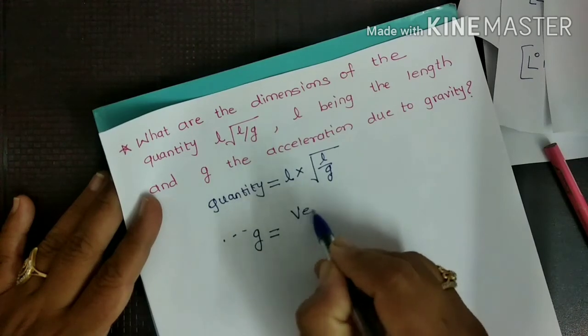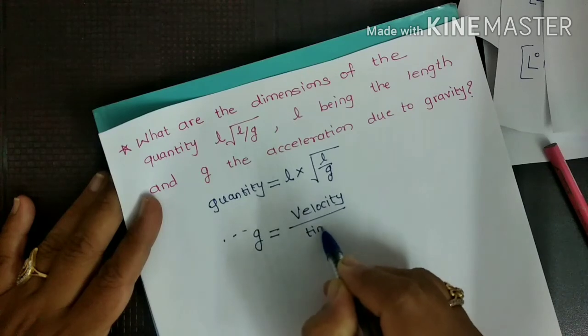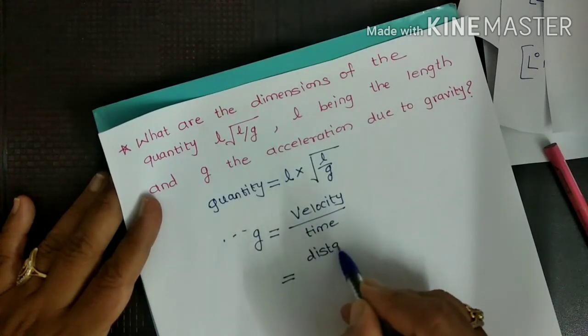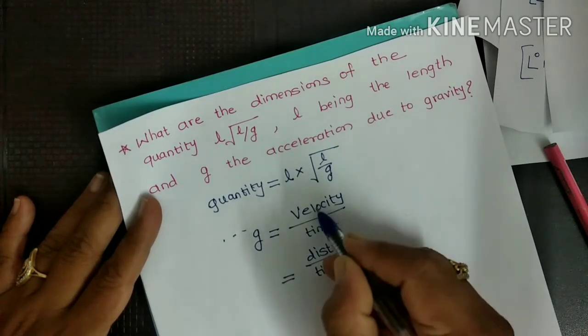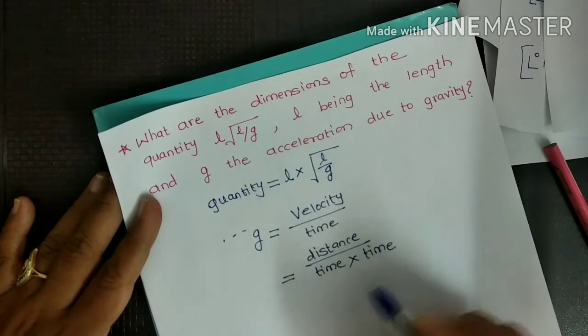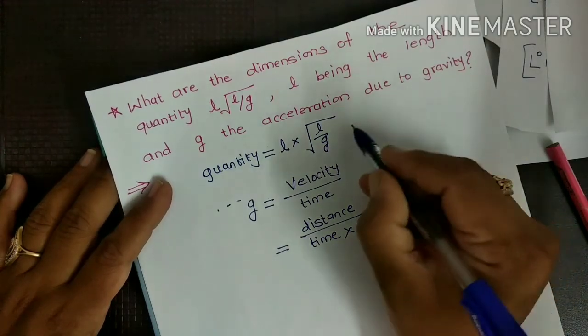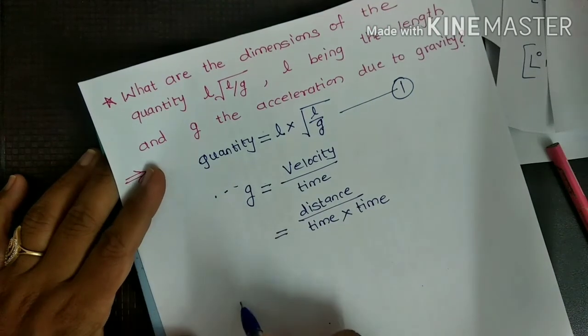We take the formula for G as velocity upon time, and for velocity that is distance upon time, so time into time. Substitute this value in equation number 1.